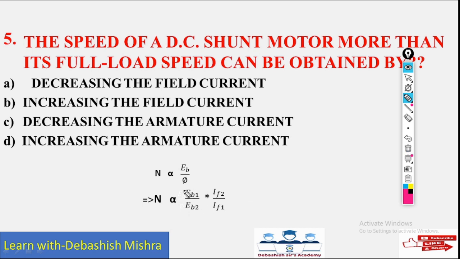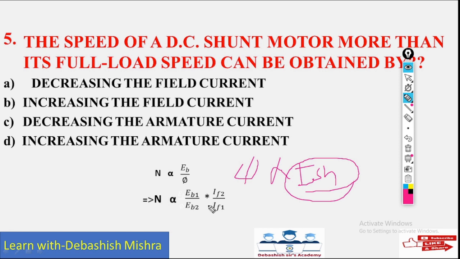We know N is directly proportional to Eb by phi, and N is directly proportional to Eb by Eb1 into phi1 by phi2. Phi is directly proportional to I shunt, or you can say field current If.